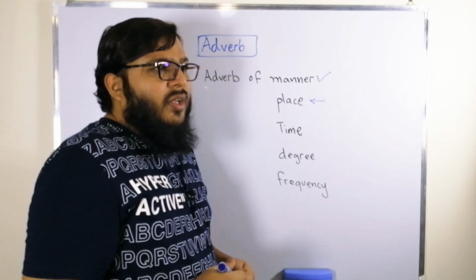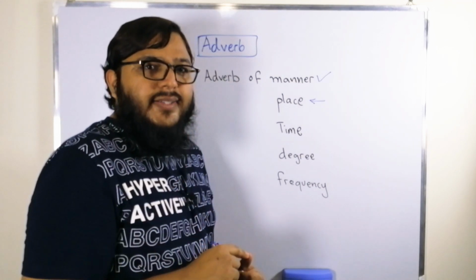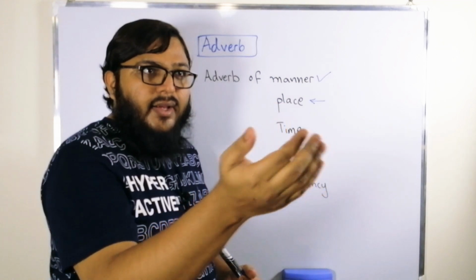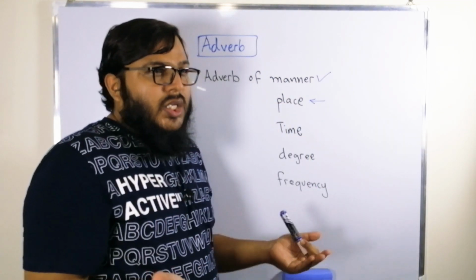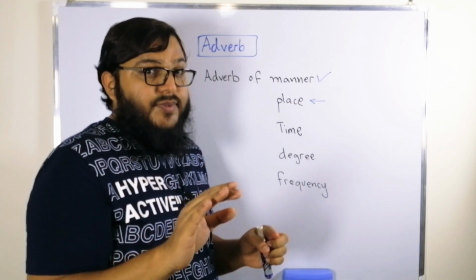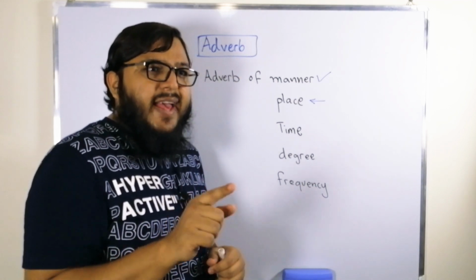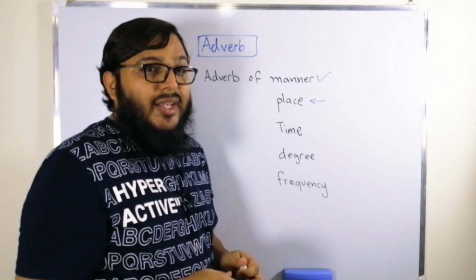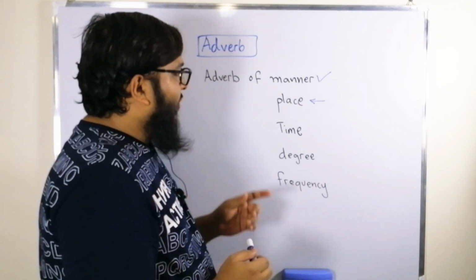Go there. Come here. So, go and come are verbs. But when you say there and here, these two words are actually adverbs of place.